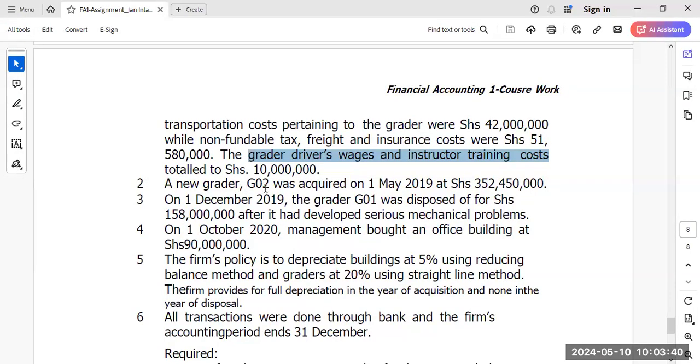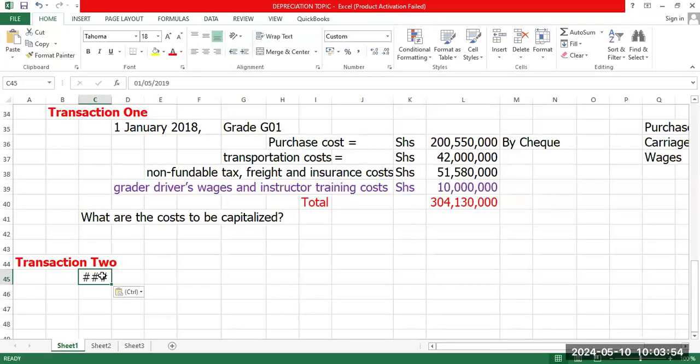A new grader G02 was acquired on 1st May 2019 at this amount. So I record this. I go back, I record this.